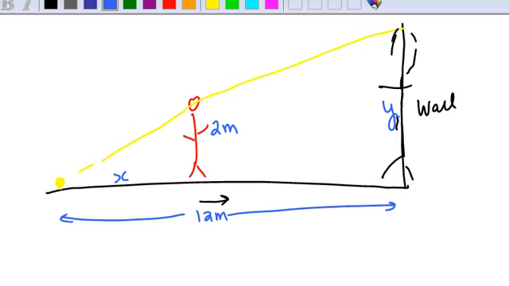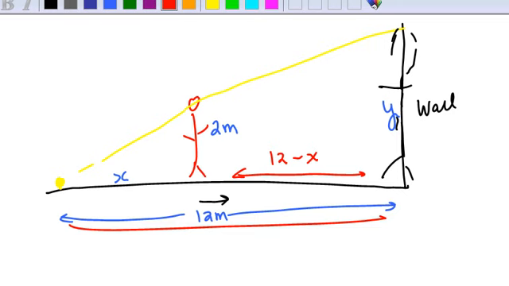Instead of introducing a new variable, I'm going to label this as 12 minus x, because it is 12 minus the distance he's already walked. That reduces my variables to just 2, x and y, instead of a third one.